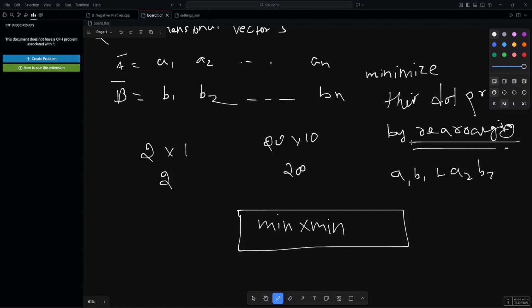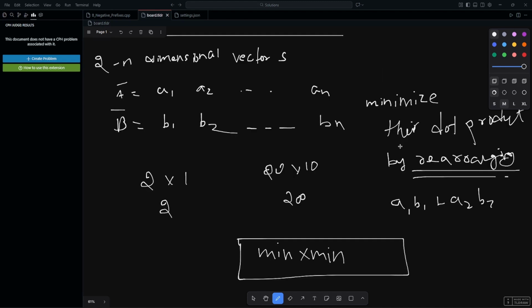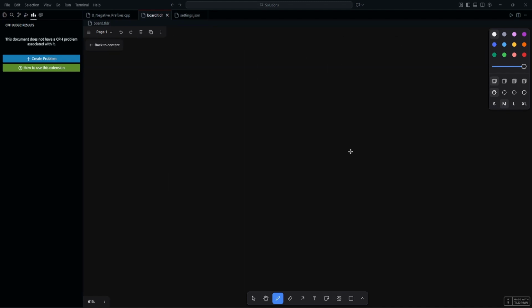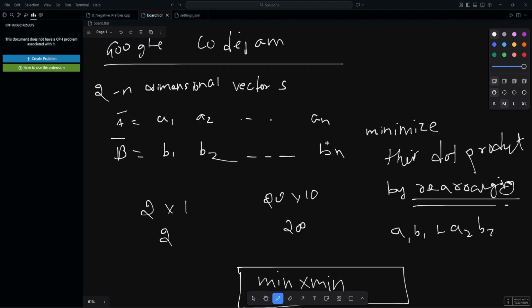Before jumping to the dynamic programming approach, greedy one is always better, isn't it? It's easy to code, it's more efficient, and you need not handle multiple recurrence relations and stuff. So greedy is always better to think of.